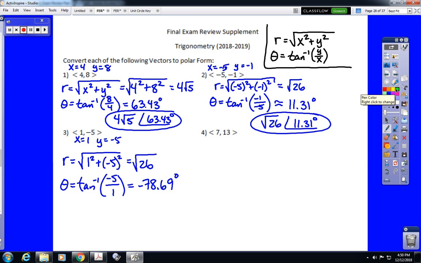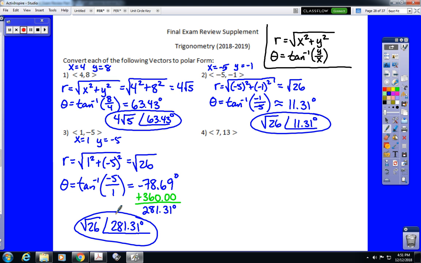So in theory, what we should do is add 360 degrees to that to get the coterminal angle of 281.31 degrees. But I would accept either answer. Technically the correct answer is root 26 at 281.31 degrees. If you wrote root 26 at negative 78.69 degrees, I would probably not have a problem with that.